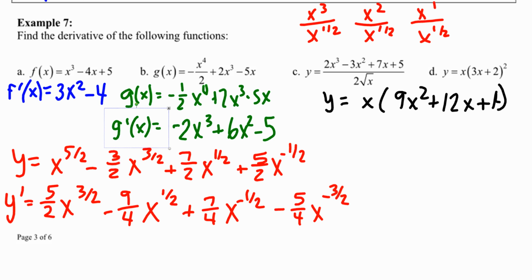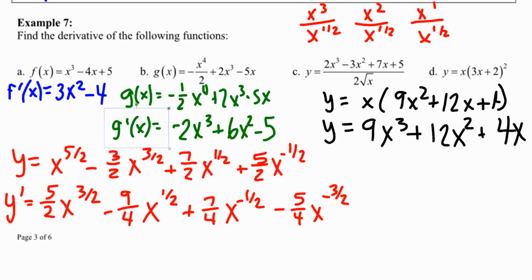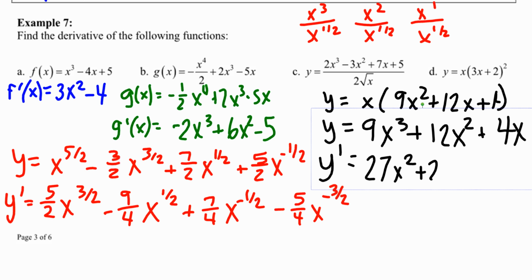Alright, now I'm going to go ahead and distribute that. 9x cubed plus 12x squared plus 4x. And take the derivative. Y prime equals 27x squared plus 24x plus 4. There we go. So see, now you're building your stock of what functions you can take derivatives of.